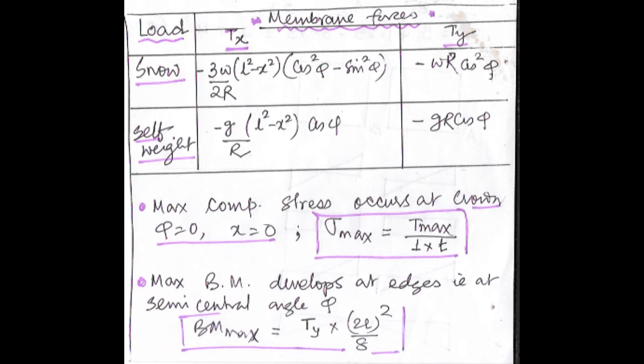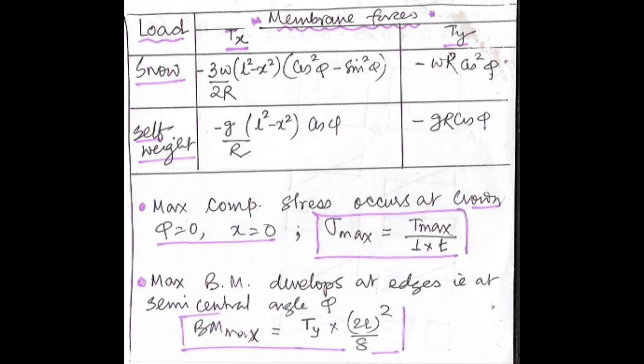In case of snow load, the Tx value is given as 3W by 2R within bracket L square minus x square cos square phi minus sin square phi, and Ty will be minus WR cos square phi. And for self weight it is minus g by R within bracket L square minus x square into cos phi, and Ty is equal to minus gR cos phi.